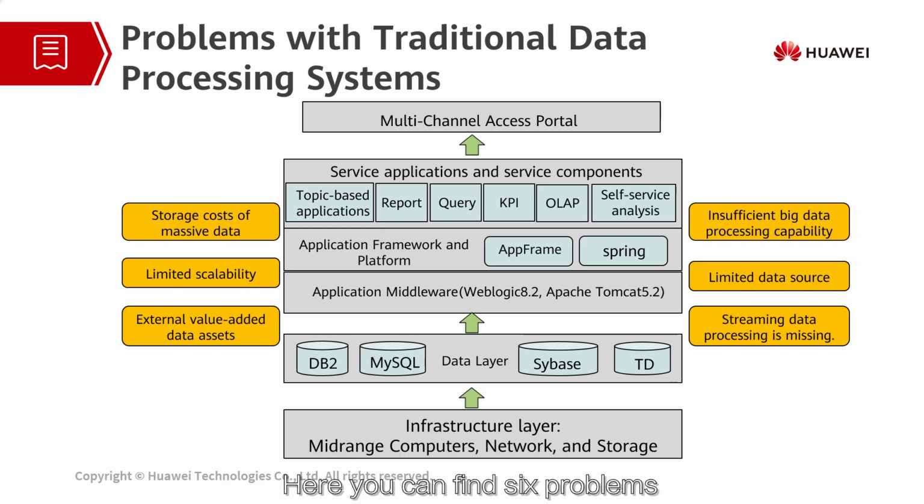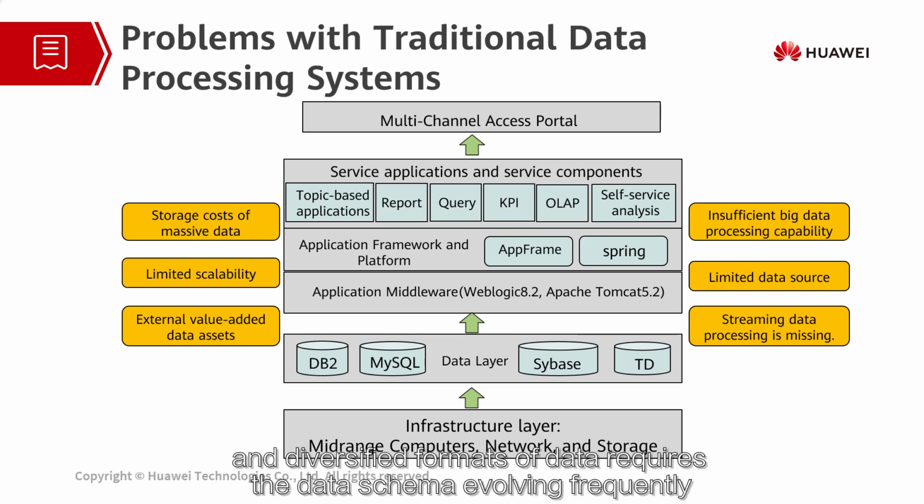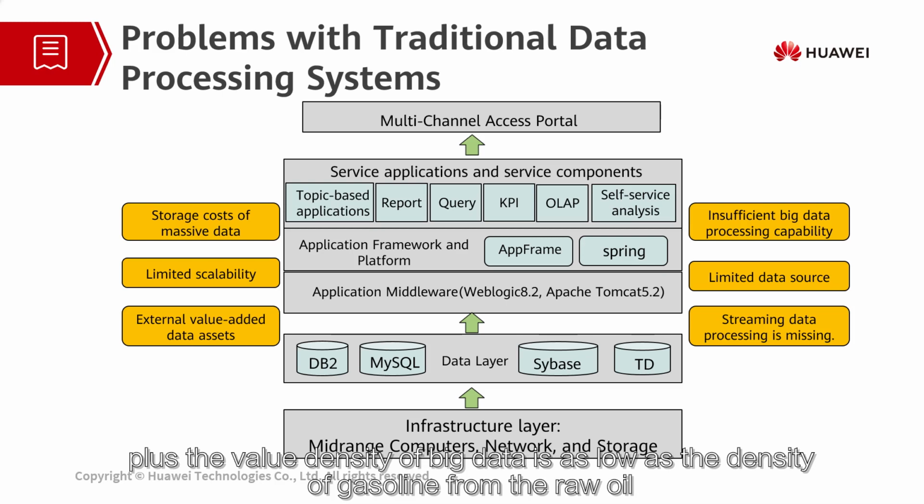Here, you can find 6 problems. First, because of the features of big data, the data volume is too large, and diversified formats of data require the data schema to evolve frequently. Plus, the value density of big data is as low as the density of gasoline in raw oil.